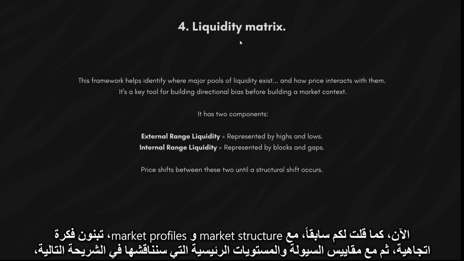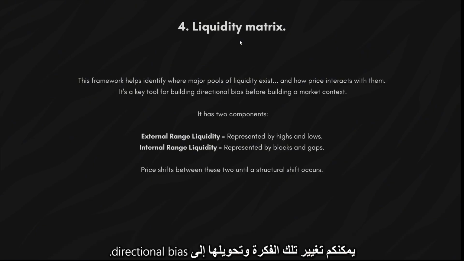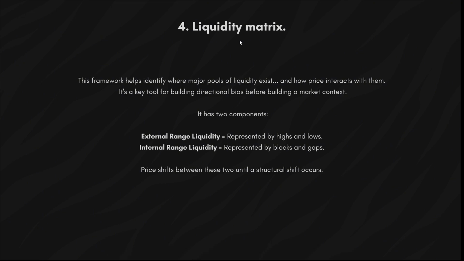Now, just like I told you earlier, with market structure and market profiles, you build a directional idea, and then with the liquidity metrics and dealing ranges that we will discuss in the next slide, you can turn that idea into a directional bias.